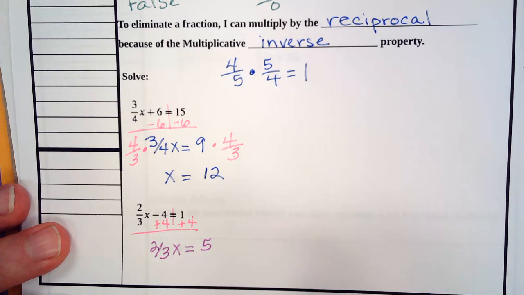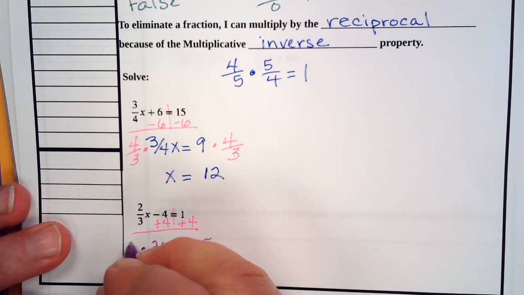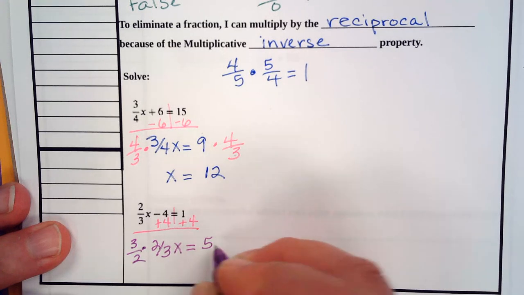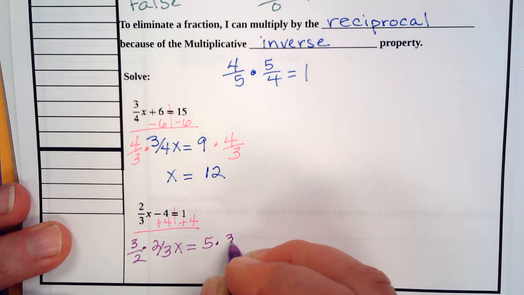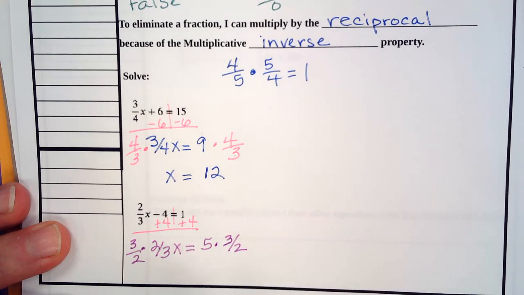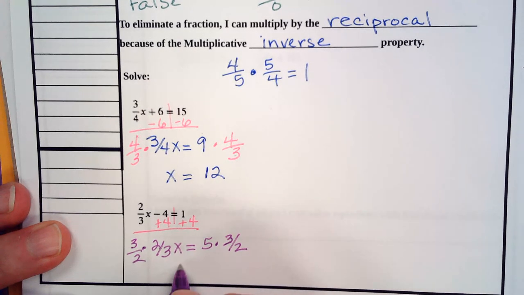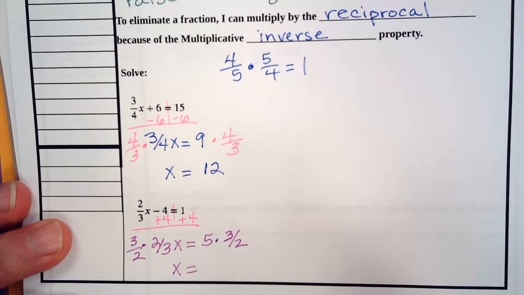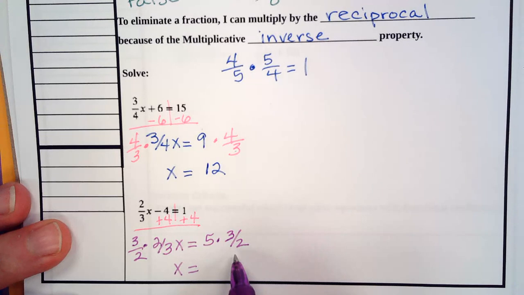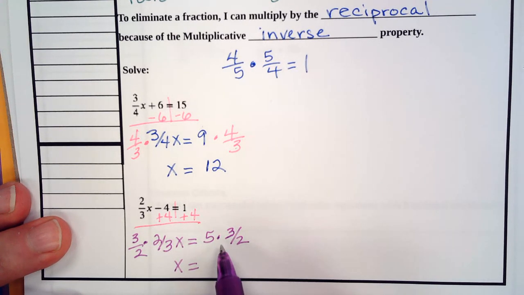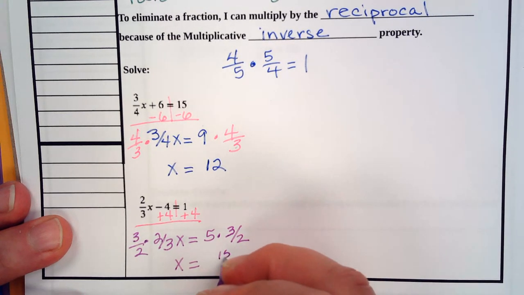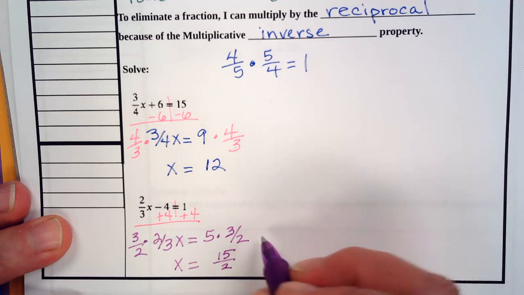What is the reciprocal of 2/3? 3 over 2. So this is eliminated. X is equal to... This time we cannot simplify because 2 is not a factor of 5. So 5 times 3 is 15 over 2.